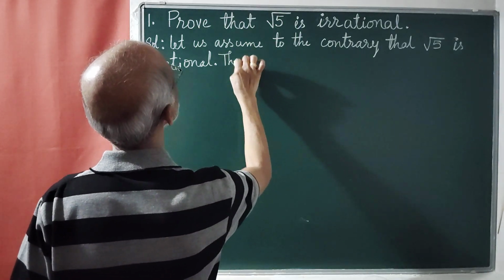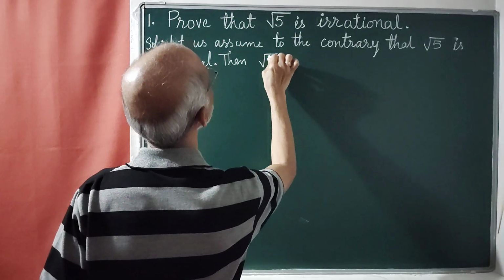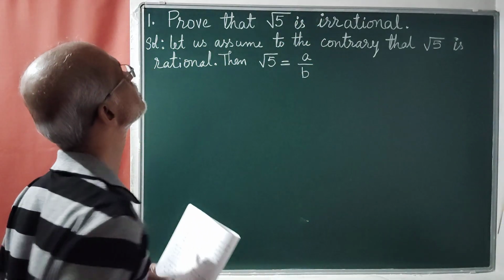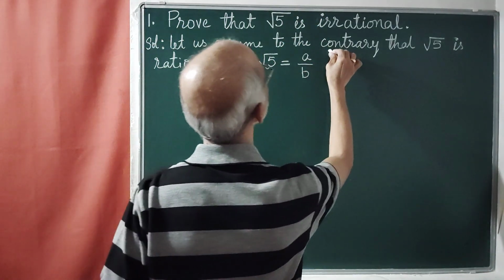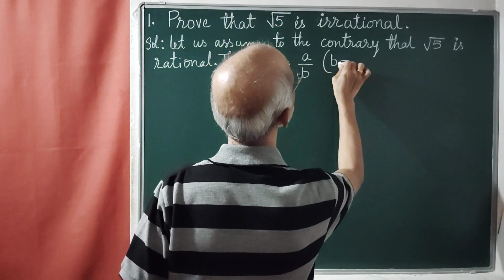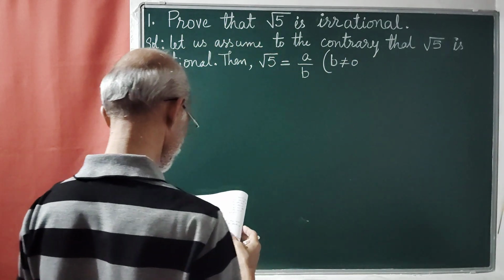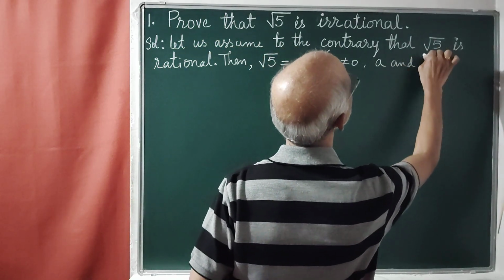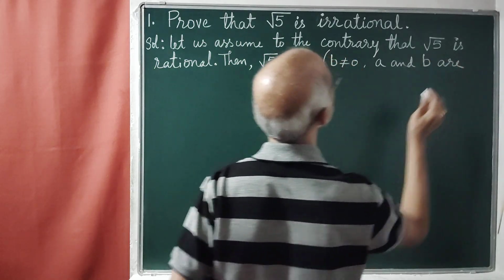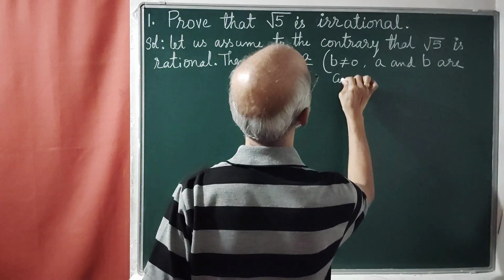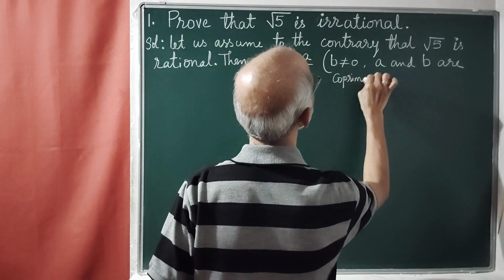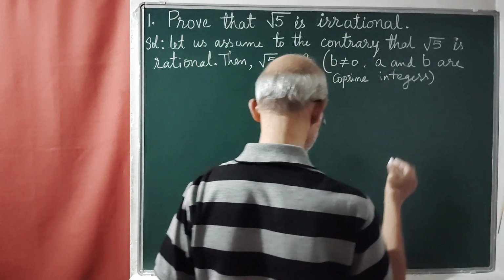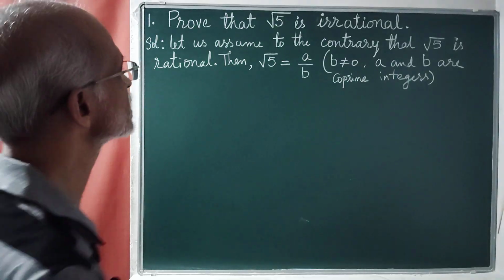Then, when root 5 is rational, we can write it as a by b, where b is not equal to 0, and a and b are co-prime integers.